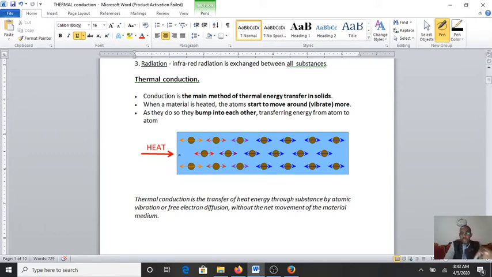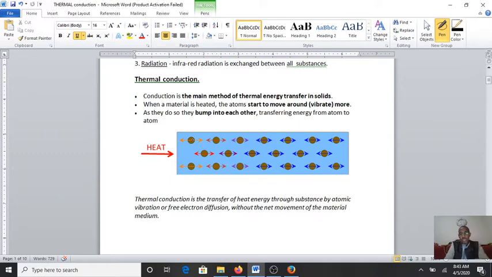Now, if you heat the left-hand side, the atoms on this side will gain kinetic energy. And when they gain kinetic energy, they will vibrate more. You see, these arrows showing vibration this side are bigger than these blue ones, this side. So there is an increase in vibration of the particles, in this case, the atoms.